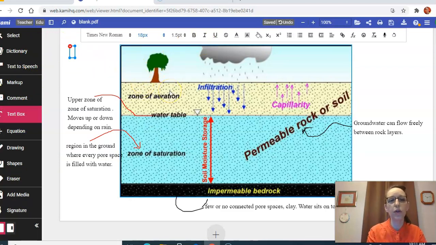All right, so our zone of aeration is the region between the Earth's surface and the water table.